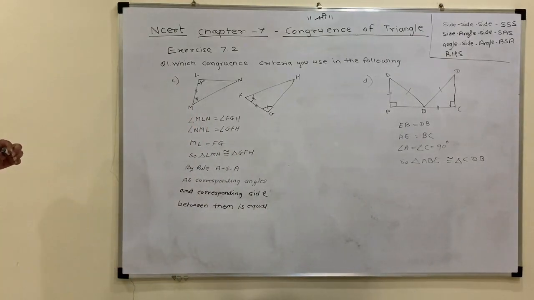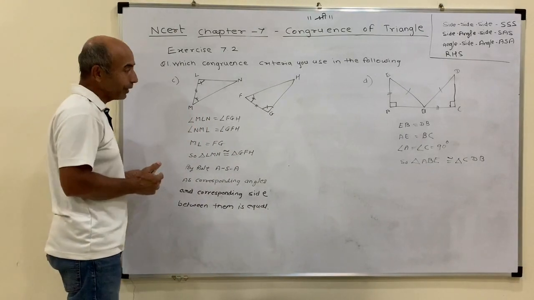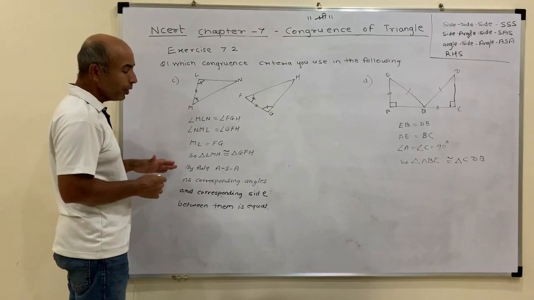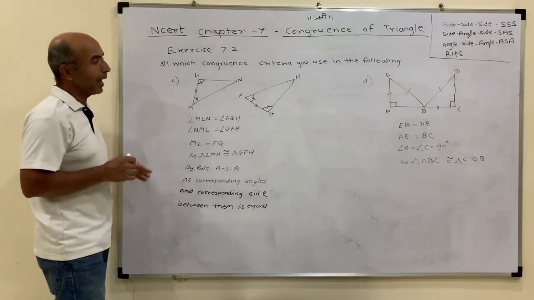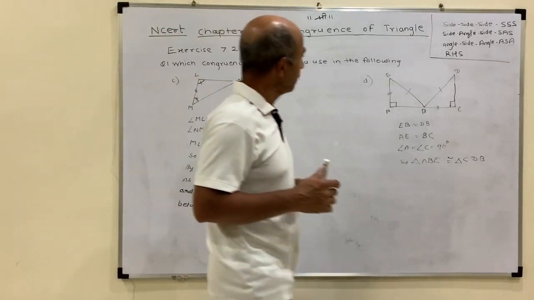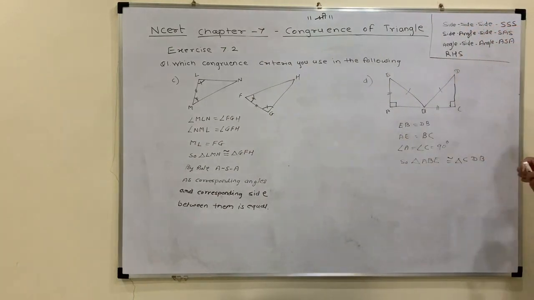Since the two angles and the side between them are equal, we can say the rule is angle, side and angle.